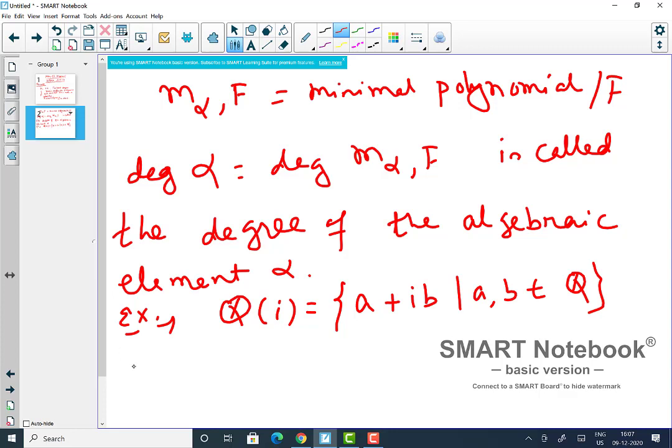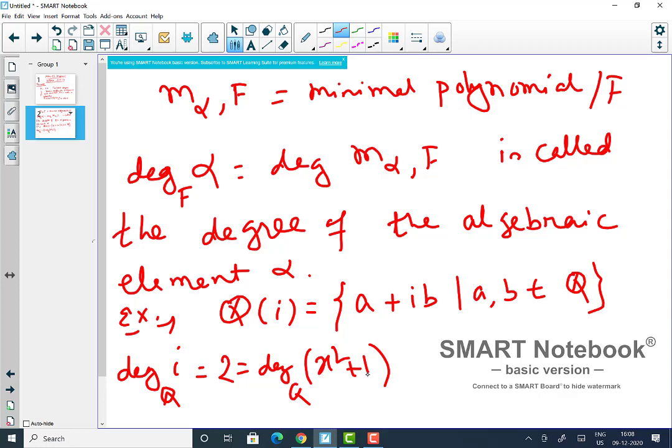Okay, and you see that the degree of i, so I should say specifically degree over Q, that is better. Can you guess what the degree over Q is? What is the minimal polynomial of i over Q? This is x squared plus 1, right? So the degree is 2, the degree of the minimal polynomial x squared plus 1 over Q.